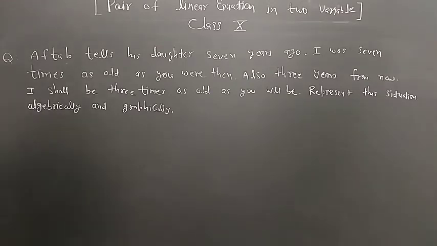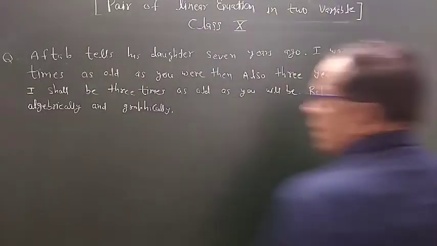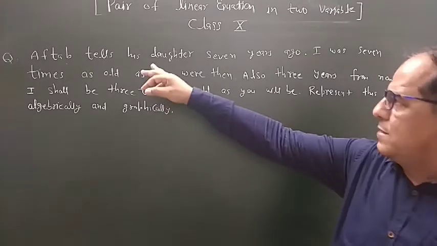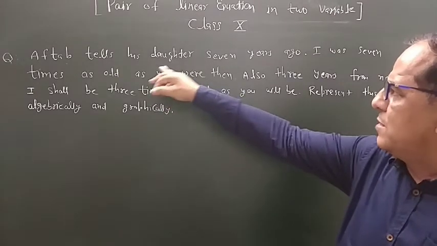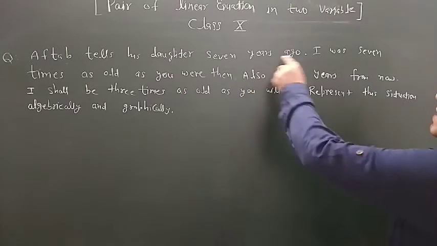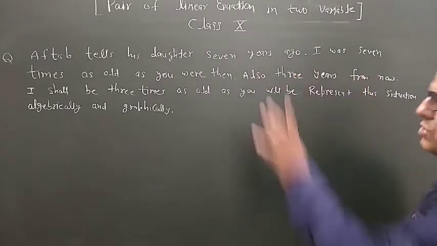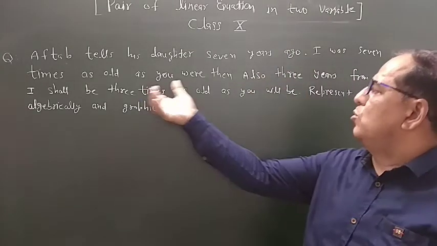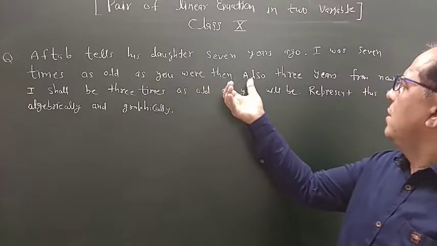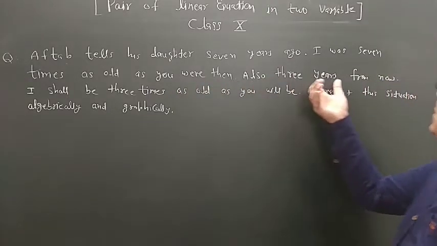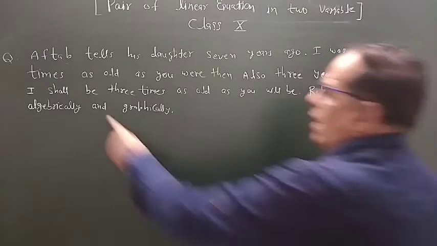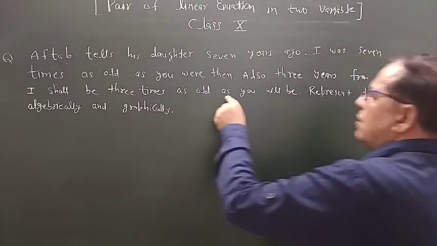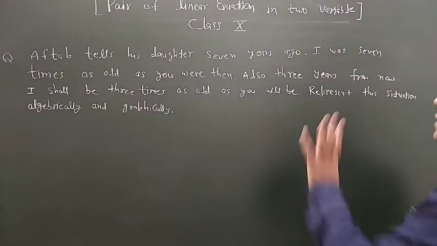Now this is the problem. Aftab tells his daughter, 7 years ago I was 7 times as old as you. Also 3 years from now I shall be 3 times as old as you will be.